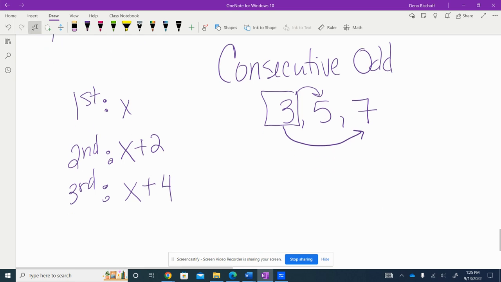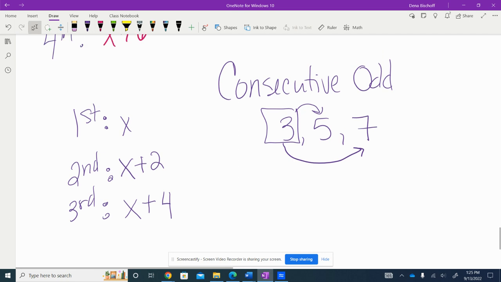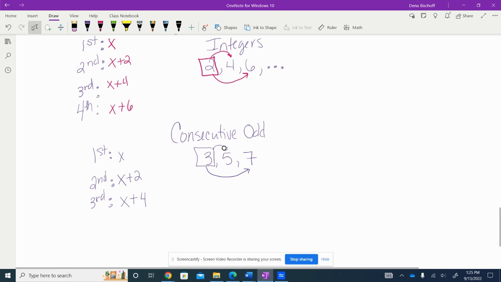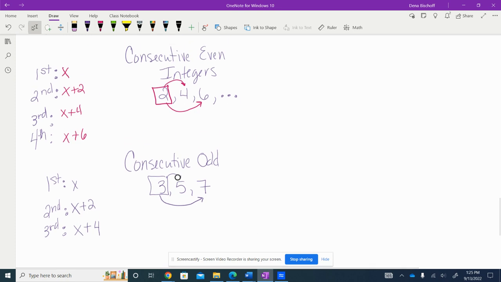4. So here's what I want you to notice. I know this is tough. First of all, I'm not even going to lie and say that this is super easy because it's not. This is really tough to wrap your brain around. I want you to know that consecutive even integers and consecutive odd integers are represented the same way with variables: X, X plus 2, X plus 4, and so on.